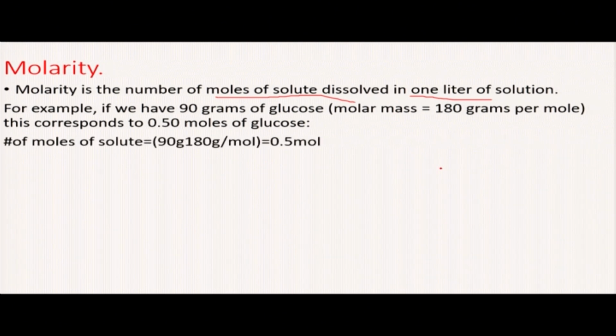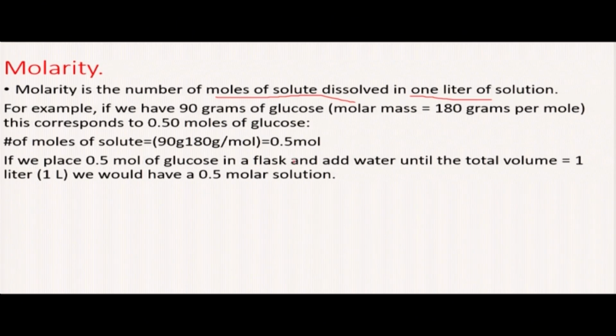You know the number of moles from your senior 2. The number of moles of the solute: we said the moles of the solute dissolved in 1 liter of the solution. That is very important. So 90 grams is equivalent to 0.5 moles of the solute.